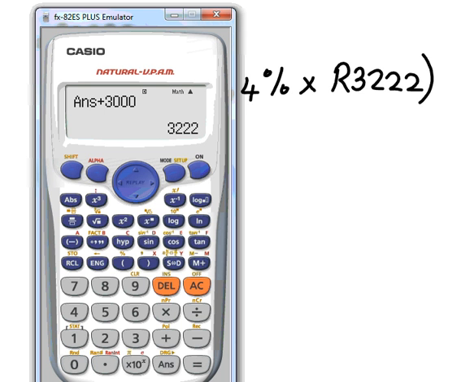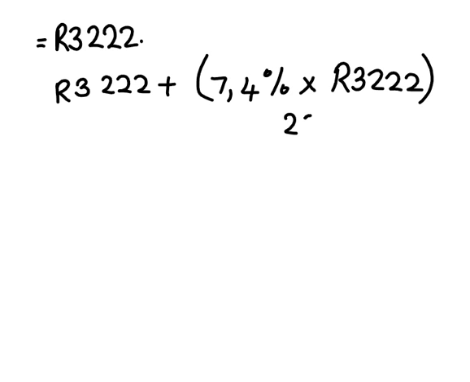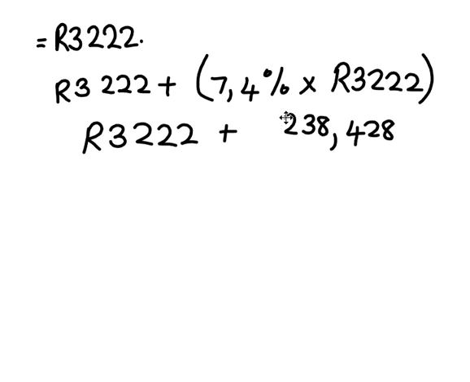That's in your temporary memory. You don't have to clear. So we are going to find 7.4% of that, which means multiply by 7.4 over 100 equals 238.428. Okay, I'm going to add it to 3,222.